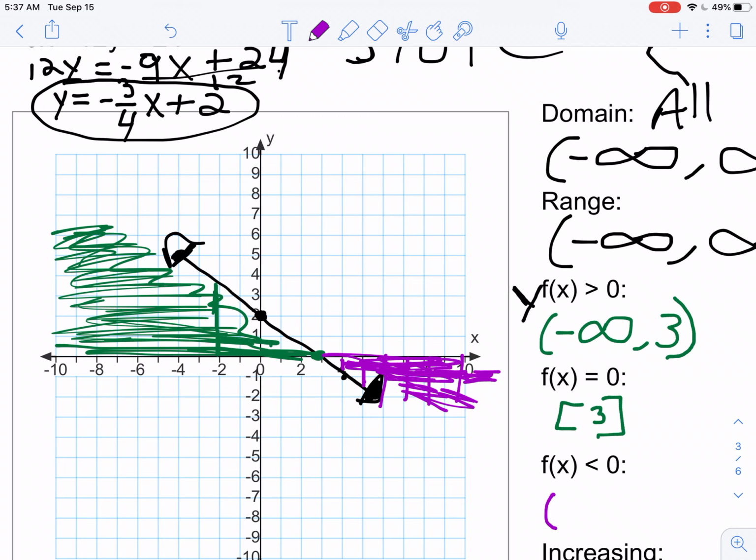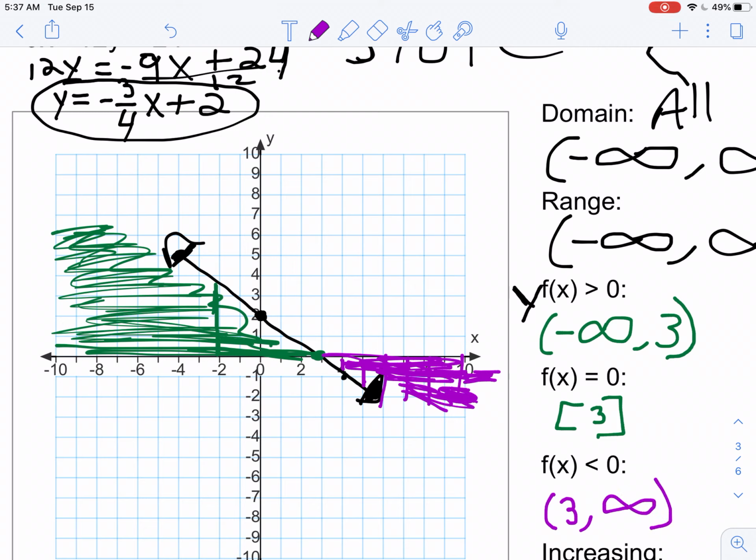So this is going to be from 3, and then it's going to go forever to the right, because this line is going to keep going down, and all those y values will be negative from 3 to the right. The y will never be able to come back up and be positive. So it's going to be from 3 to infinity.